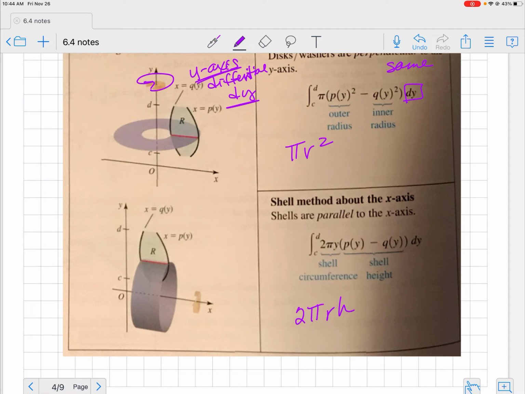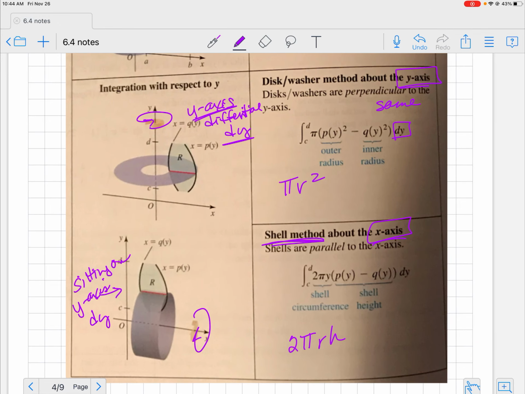If I'm looking at my shell, whatever it is sitting on, that is the axis I have. Here is the x-axis. I am sitting on the y, so that tells me that my differential is going to be dy, even though I'm revolving around the other axis. That is my shell method.